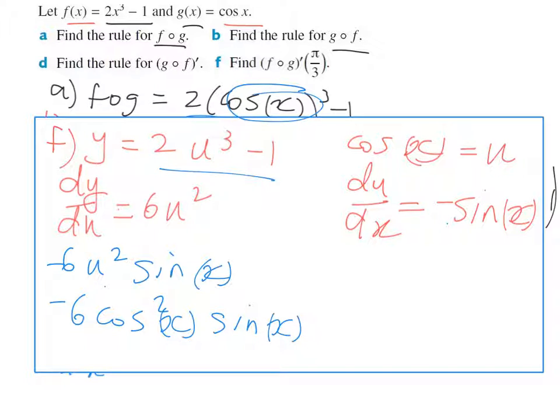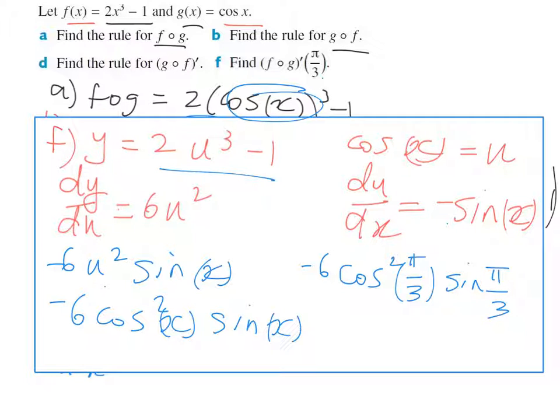From this, now we need to replace x with pi on 3. So we'll say negative 6 cos squared of pi over 3 times sine of pi over 3.